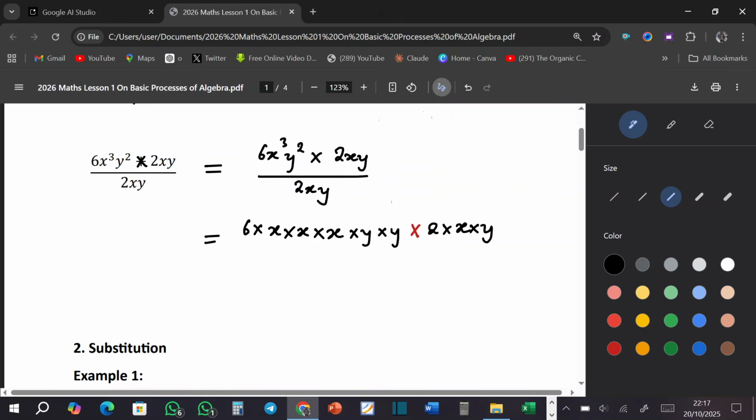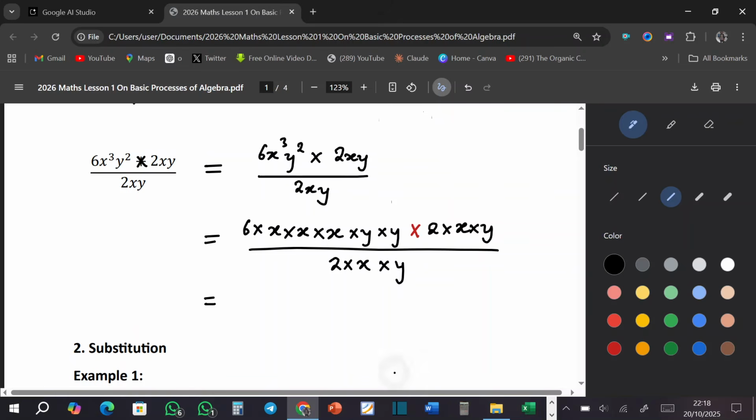Then I'll draw the line over, then down there we have 2 times x times y. So now everything on top is times and everything down is times. So at this point now you need to cancel what is common on top and down.